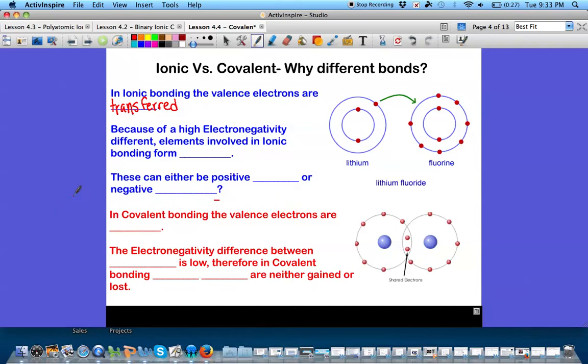Because of the high electronegativity difference, the elements involved in ionic bonding form these ions. And these can either be a positive cation or a negative anion.